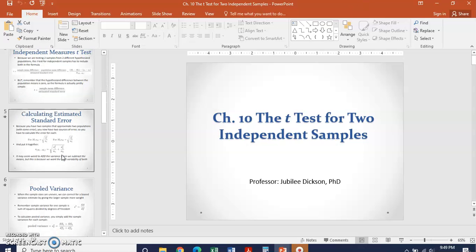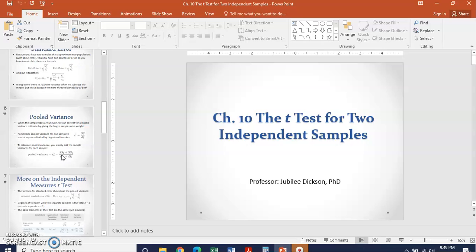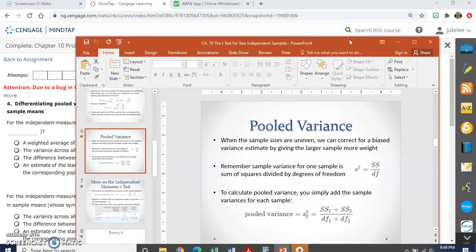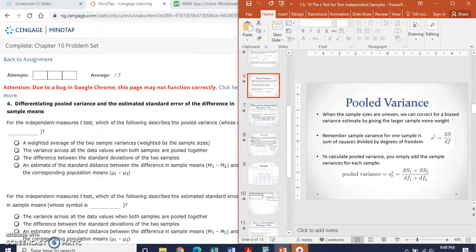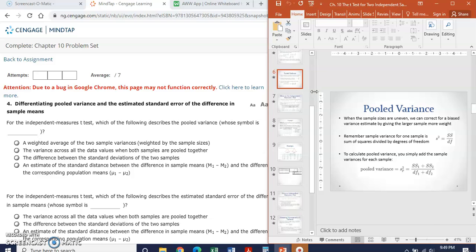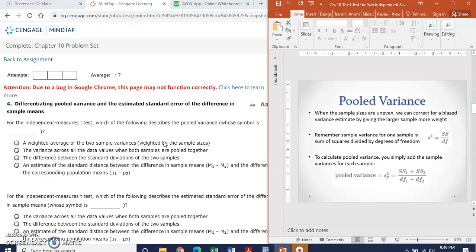So let me find the formulas for pooled variance, because that's what the first question is about. The question says, for the independent measures t-test, which of the following describes the pooled variance?